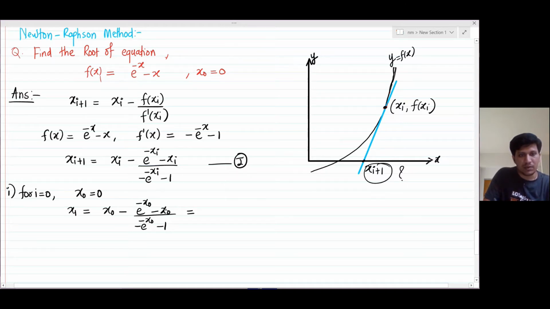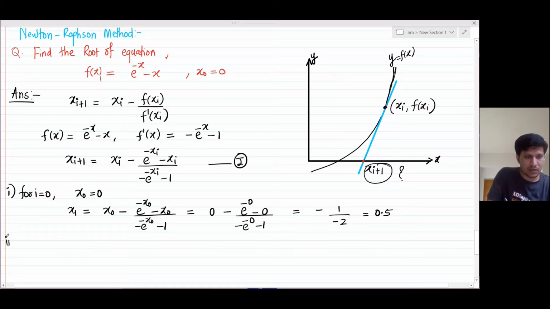Put the value of x naught, we get 0 minus (e raised to minus 0 minus 0) divided by (minus e raised to minus 0 minus 1), which is equal to 1 upon 2, and that is 0.5.